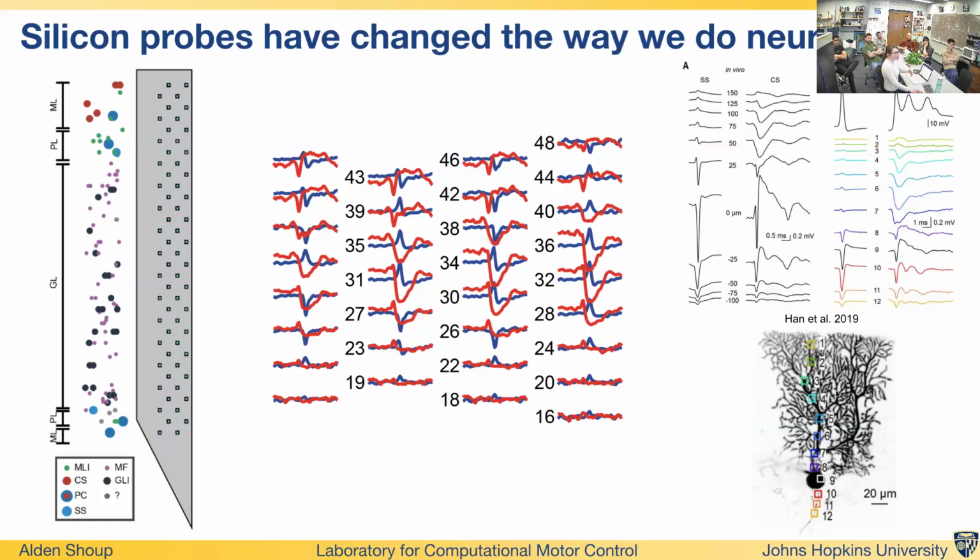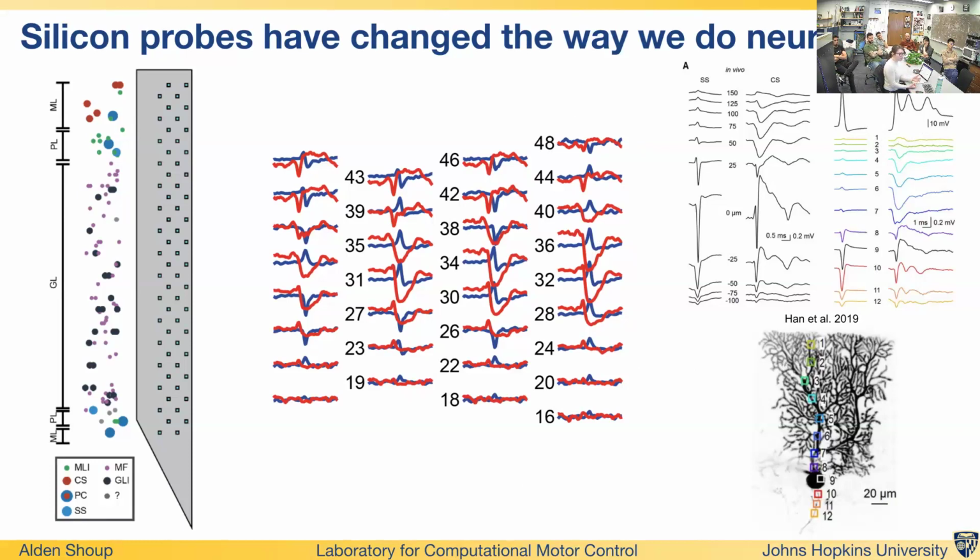You're able to tell the polarity of your cell, what layer of the cerebellum you're in, and which direction you're going in based on the waveforms that you see when recording on these multi-contact probes, almost like a picture of your waveform shape. And so that guides us in our ability to identify our neurons.